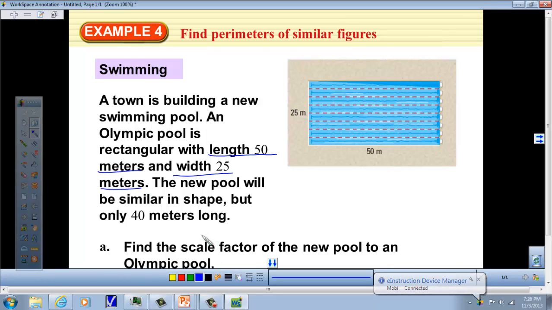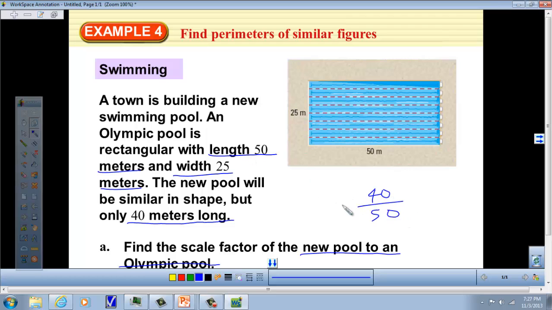The new pool will be similar in shape, but the length will only be 40 meters. So if we're comparing a new pool to an Olympic pool, the new pool has a length of 40, and the Olympic pool has a length of 50. So our scale factor, I'm just going to use SF for now, is equal to 4 to 5.